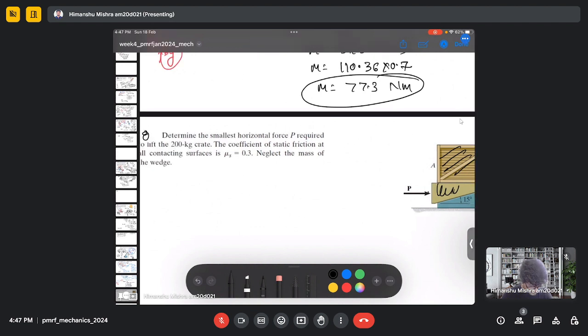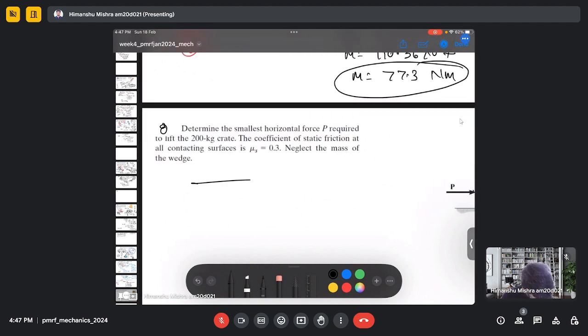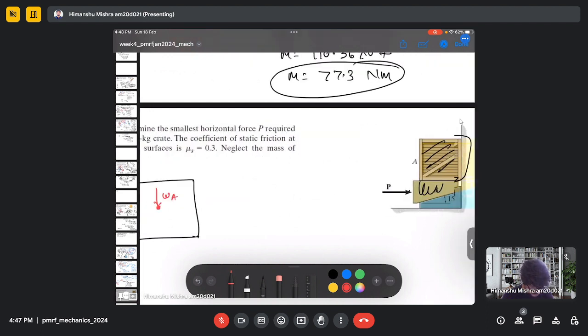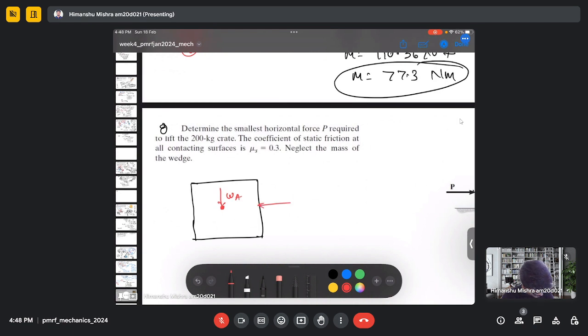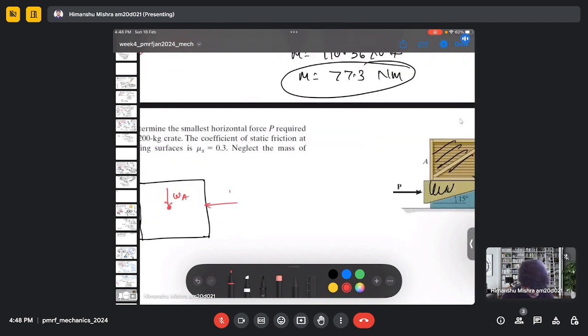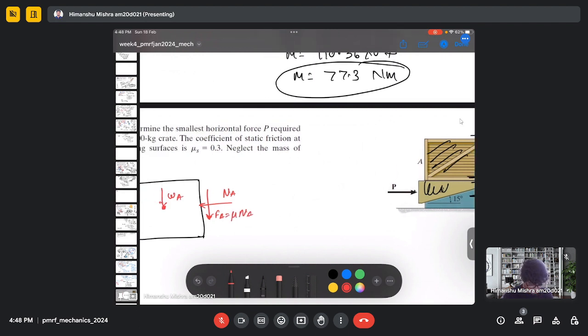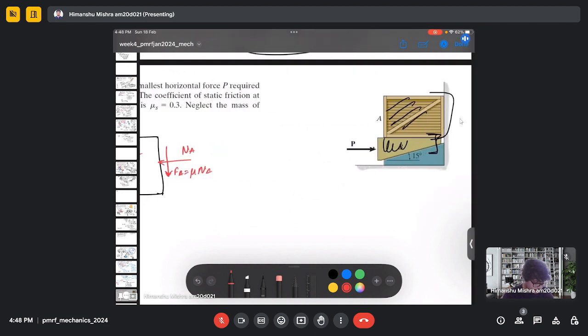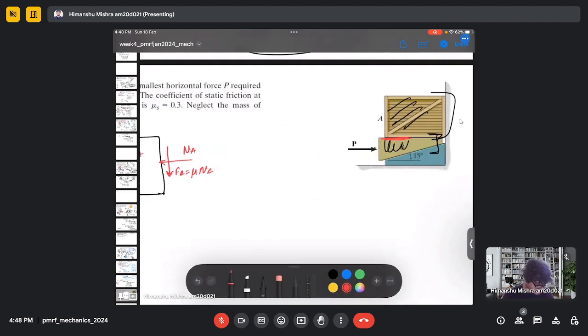So first let's consider only the crate. There will be a weight, there will be a normal reaction, let's say it's NA, and there will be a friction force which is FA. Then there will be a normal reaction due to this wedge also, and it will also offer friction.